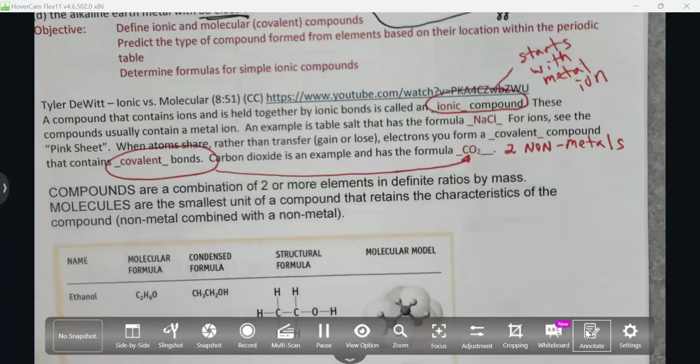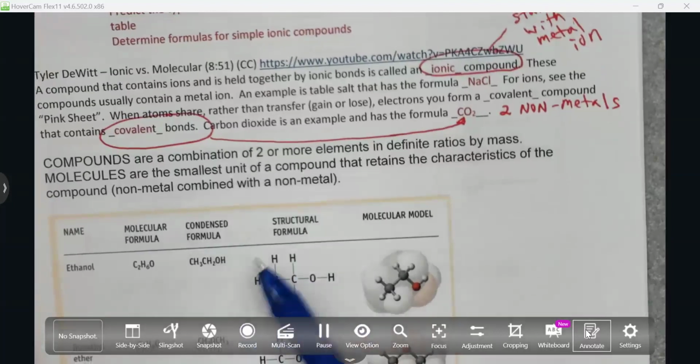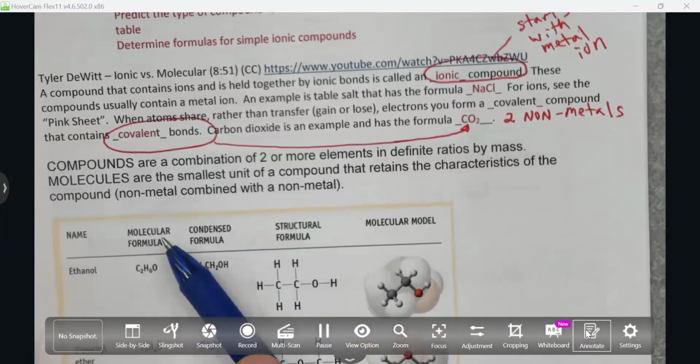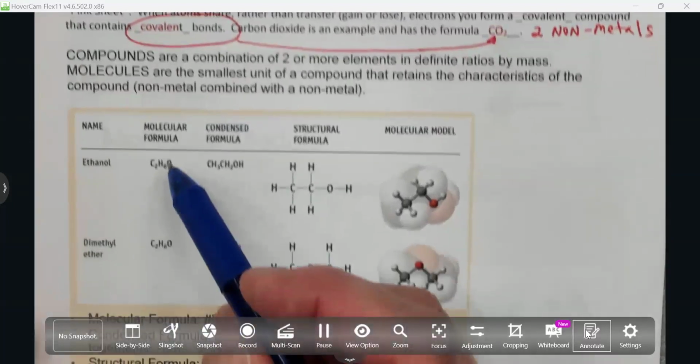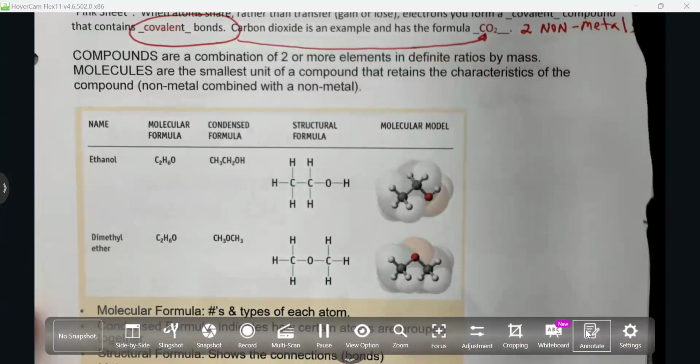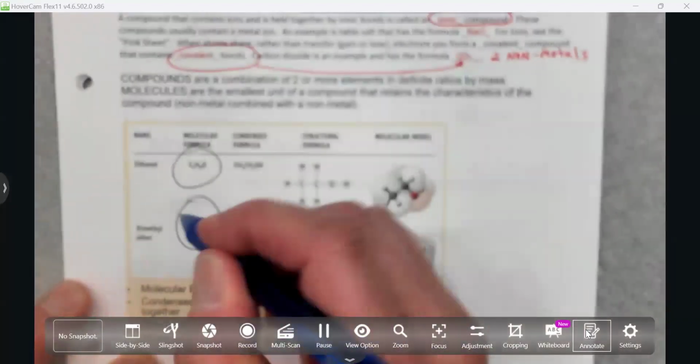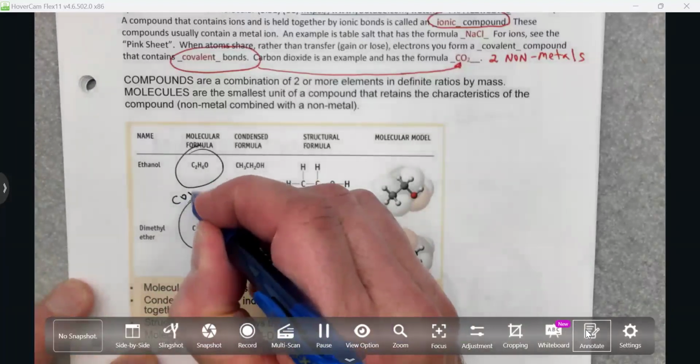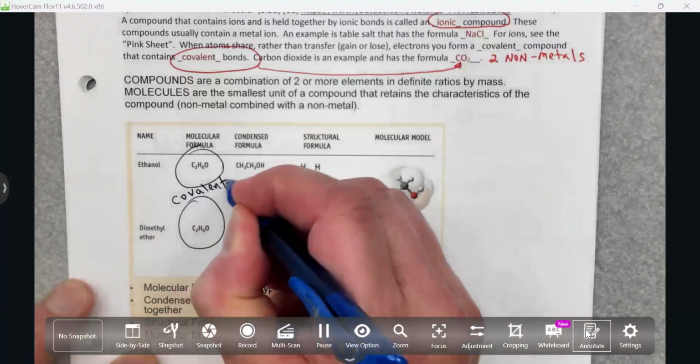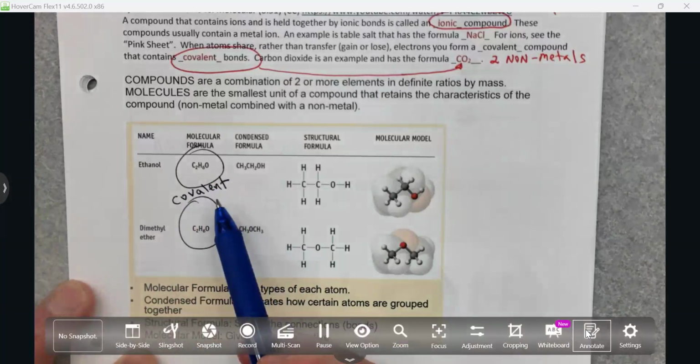Now, these are molecules here, molecular formulas. Notice this is all nonmetals. So this and this would be covalent. All nonmetals.